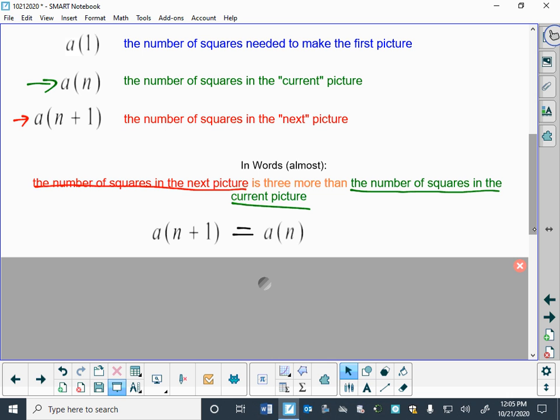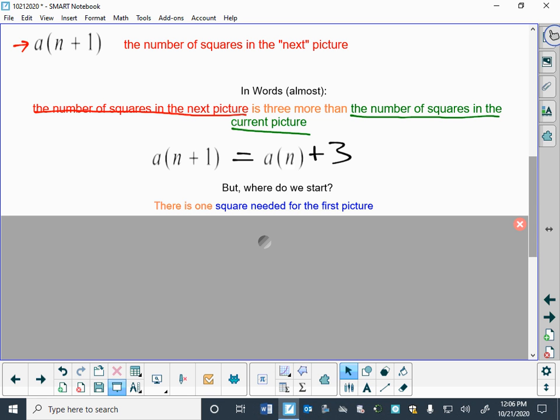So 3 more than means that I'm going to add 3. So this, as it's written here, in words would say the number of squares in the next picture is the number of squares in the current picture plus 3. It's equivalent to what we have in the words right there.